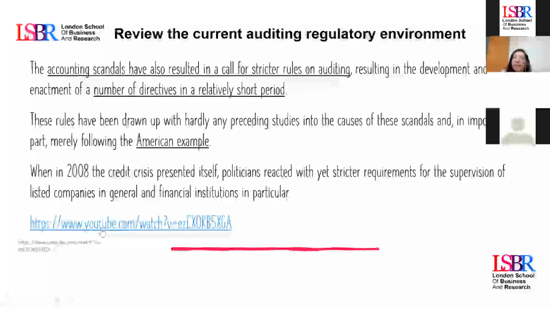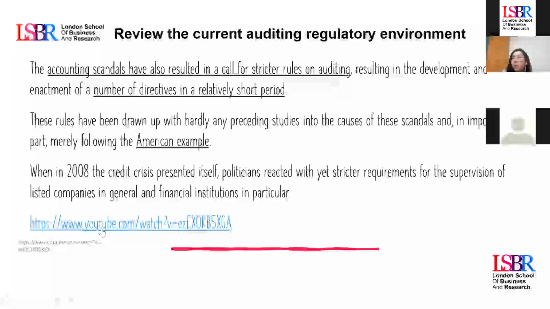But basically, this was one reason why a lot of jurisdictions, governments, and international bodies noticed that auditors, external and internal, needed to follow stricter rules on auditing. Because for some people, the government was responsible for the financial crisis.